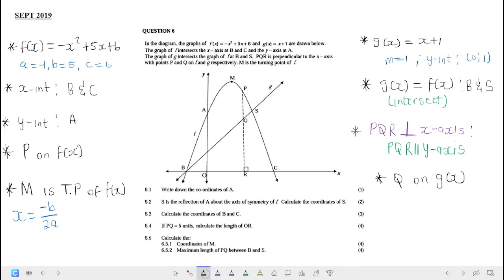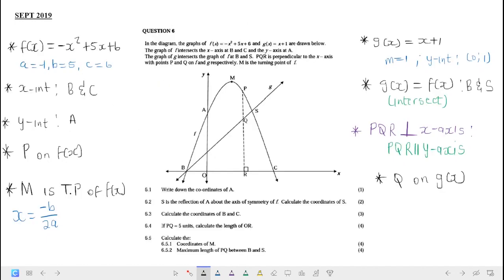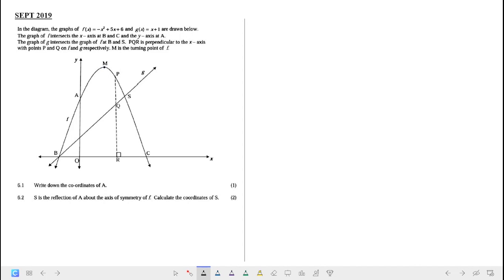Now that we have broken down everything in the question, let's look into the first question. It says, write down the coordinates of A. If you remember, A is the y-intercept of F. To calculate 6.1, for the y-intercept we let x be 0.